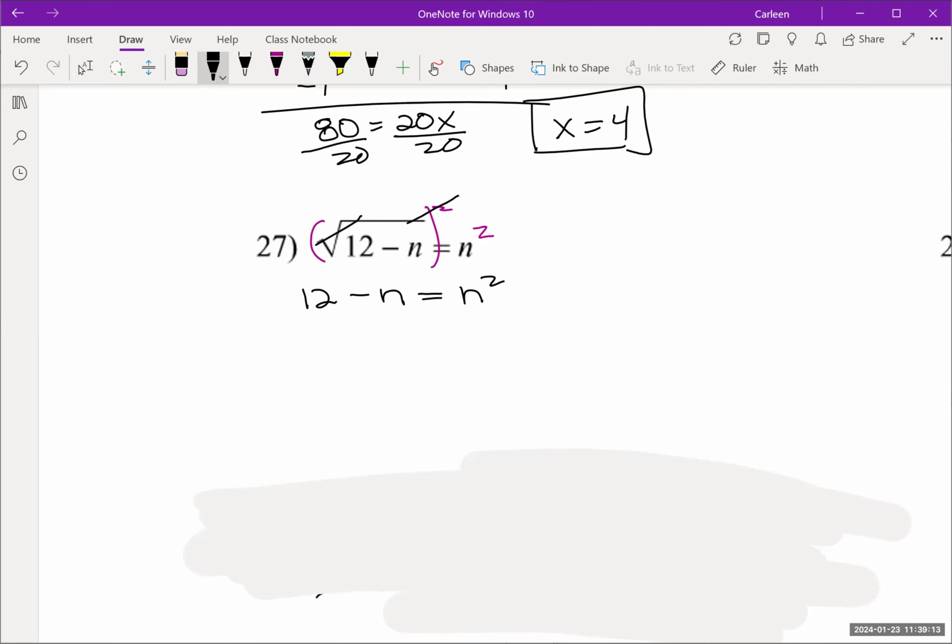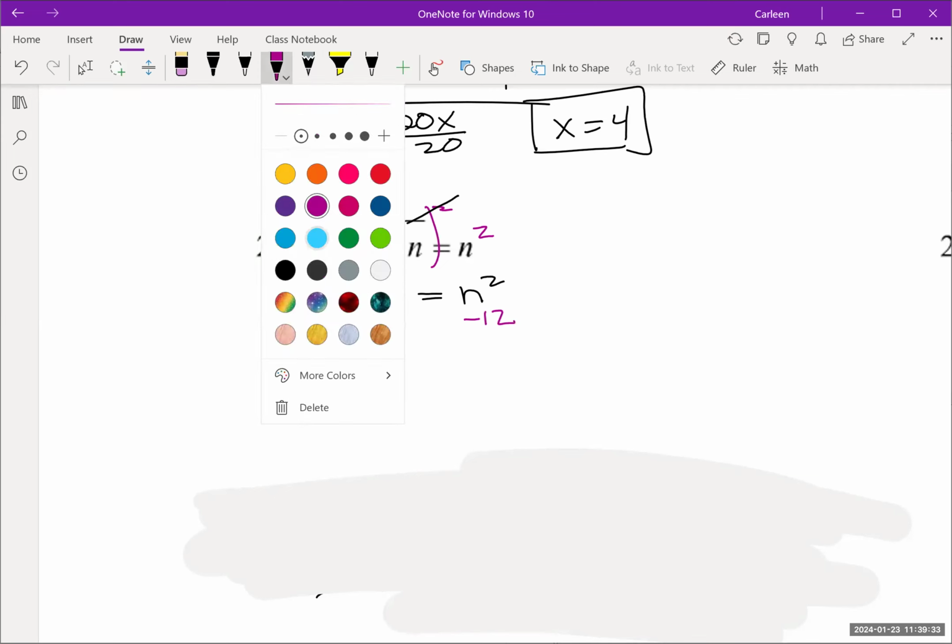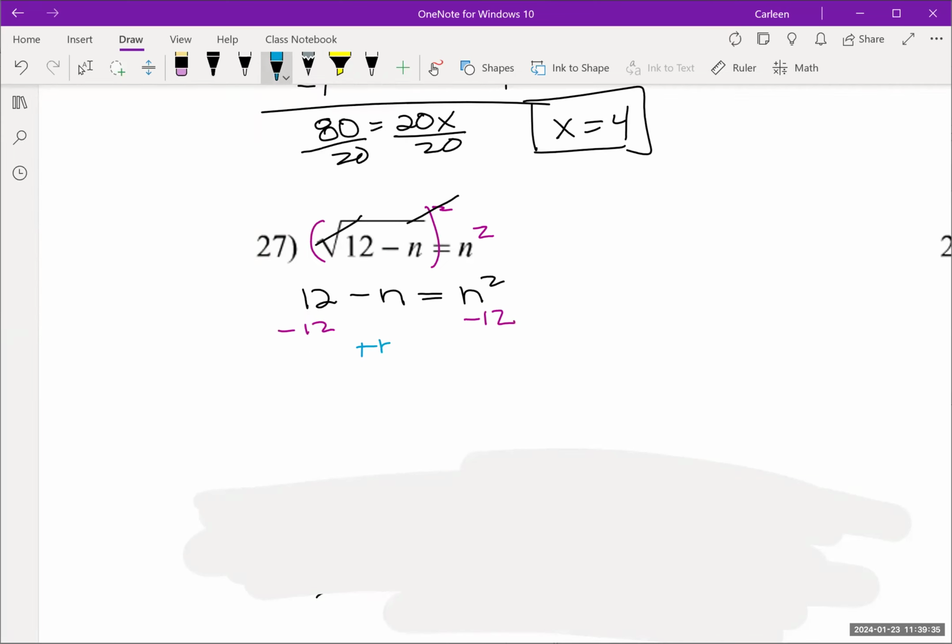Now, when I move the terms, I want my n squared to be positive. I'm not moving the n squared, because n squared is the king. I am moving the other terms. So I have 0 is equal to n squared plus n minus 12.